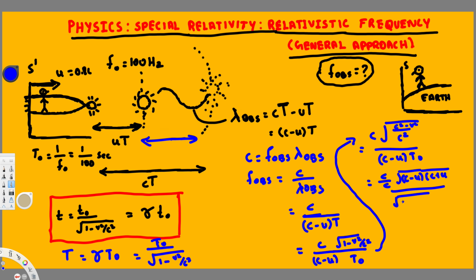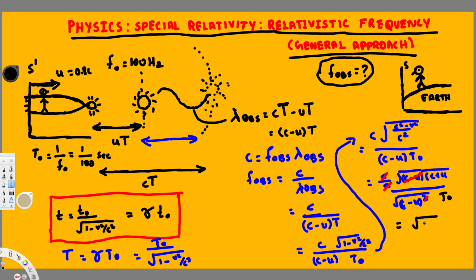If you notice, we can cancel this square and this c minus u. So we are left with c plus u over c minus u, and this c cancels, and we end up with the square root of that, and also we have a t naught right here.